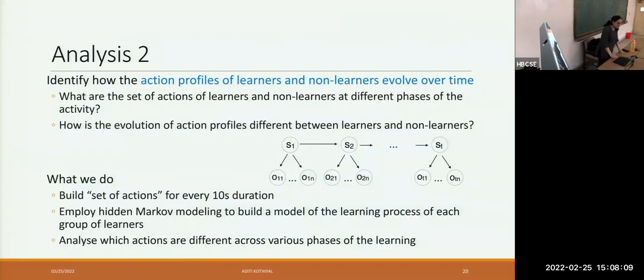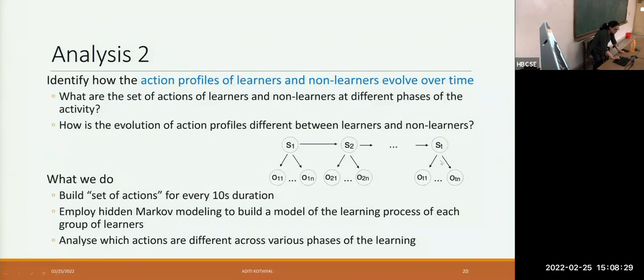Okay, so here what we assume is that earlier we had all of those actions aggregated across the whole interaction. Now we split that up for every 10 seconds of activity, so we know what people are doing in every 10 seconds.